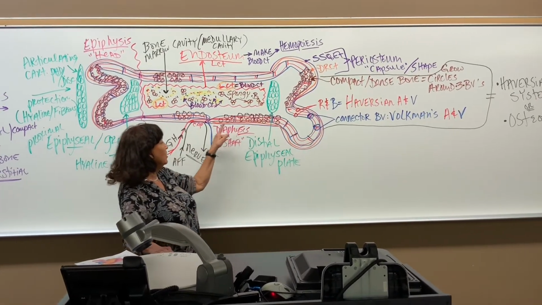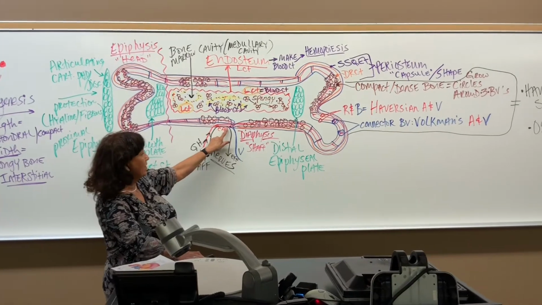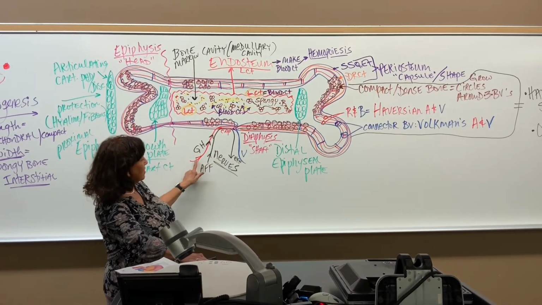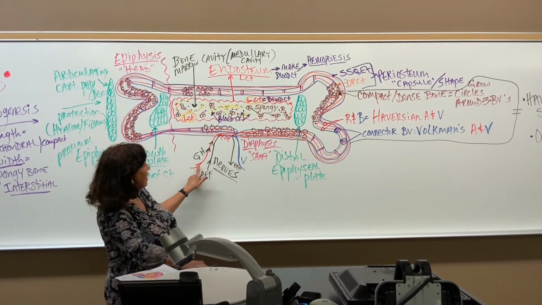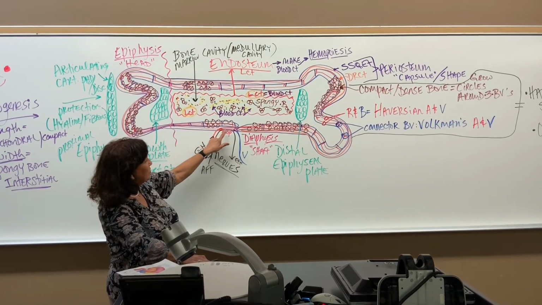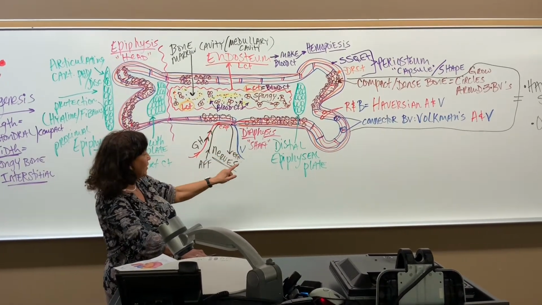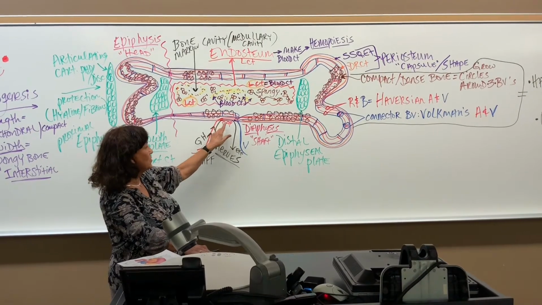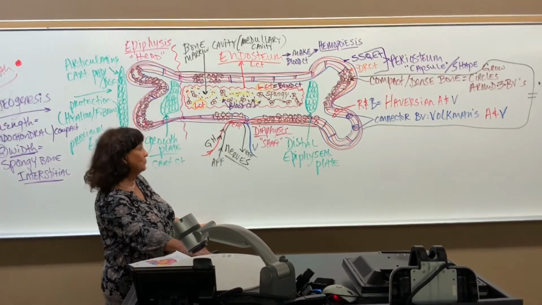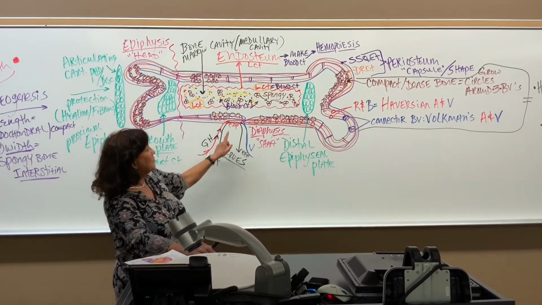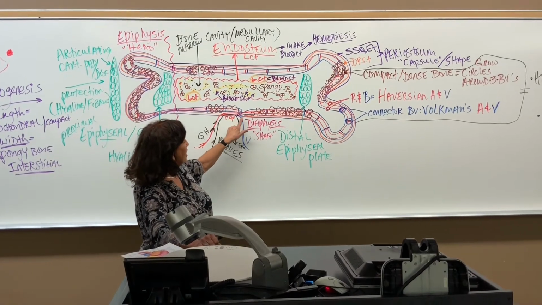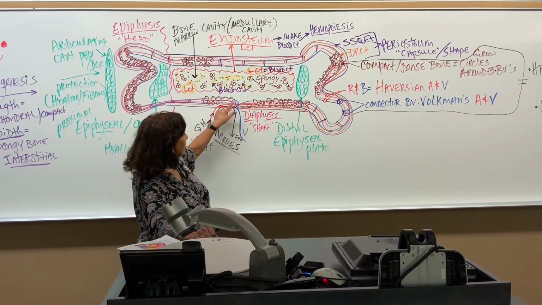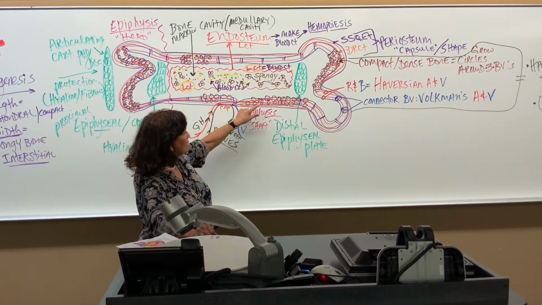And over here, what goes through the periosteum is a set of blood vessels. And so we're going to have an artery come in, turn into a capillary, go out as a vein. And of course, nerves will go into the periosteum also. Now, the periosteum right here is going to have a little area where some arteries are going to grow out of it.